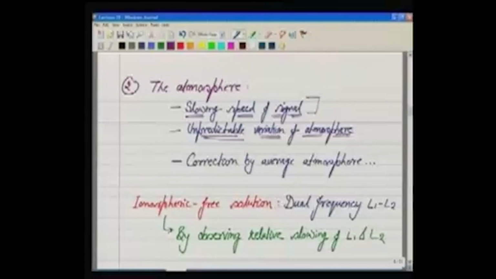Now what is the meaning of this? From the satellite, the signal is traveling towards the antenna. In between, the atmosphere is there. Now in the atmosphere, the speed of the signal will alter. If we can model how it is altering, we can apply the correction. But in order to model it, we need to know the characteristics of the atmosphere.